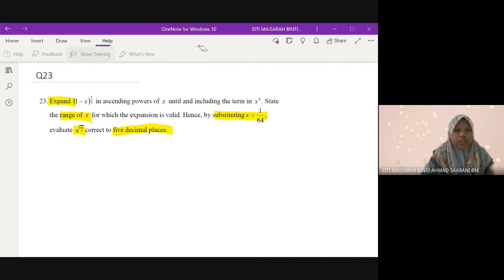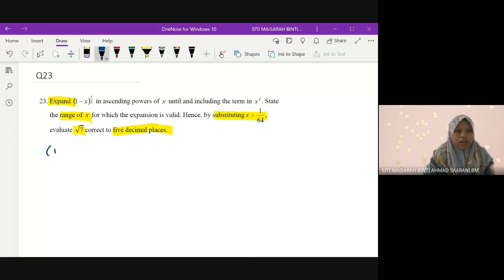Okay, so first you need to expand 1 minus x power 1/2. So here we use the formula (1 plus x) power n.